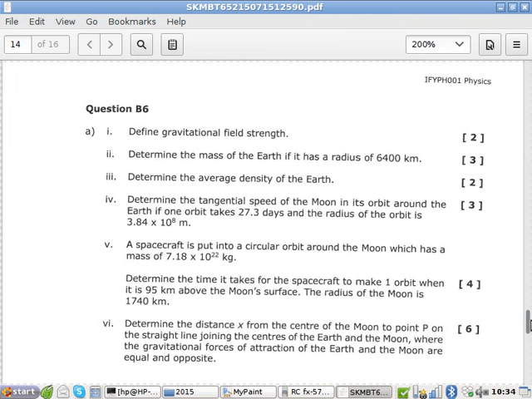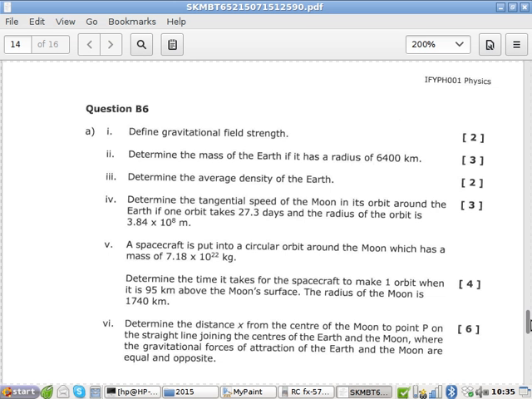First one, gravitational field strength. That is the force per kilogram experienced by a mass in a gravitational field caused by a larger mass. You don't have to say it exactly like that, but basically it's the gravitational force per kilogram of a small mass inside a gravitational field of a larger mass.